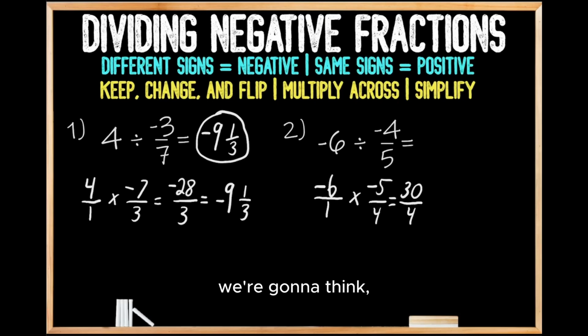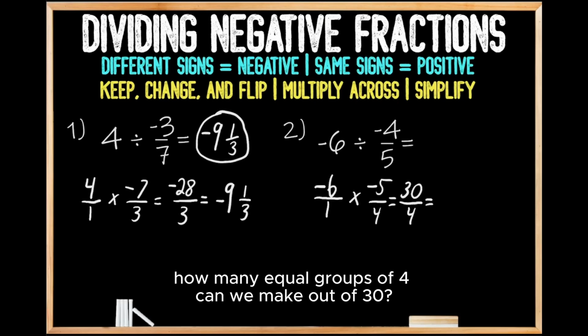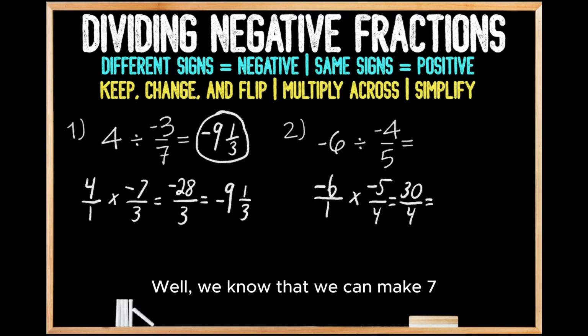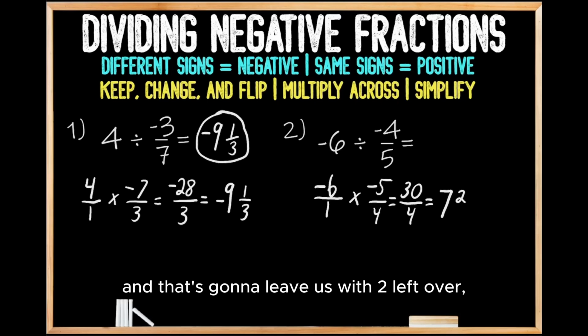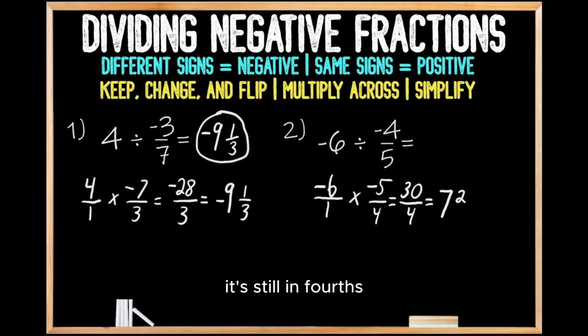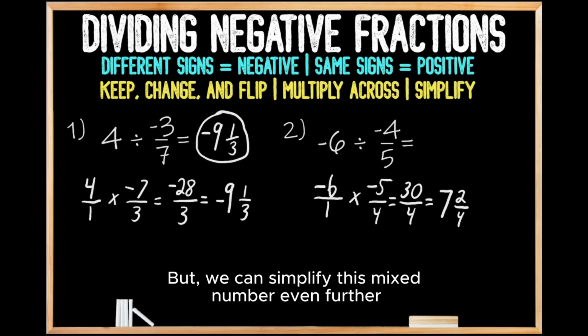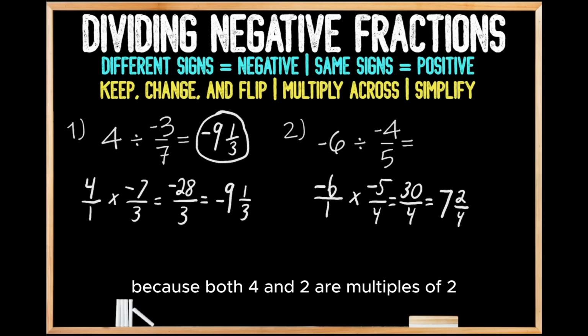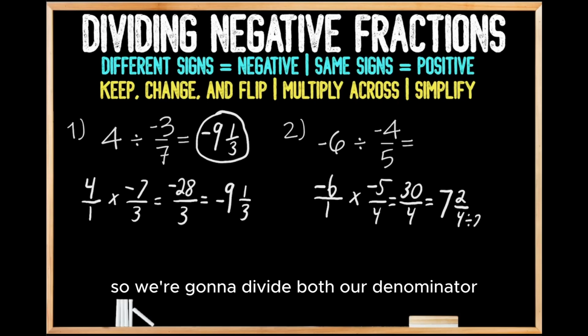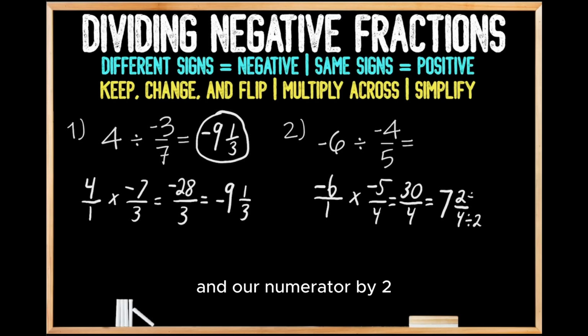And to do this, we're going to think, how many equal groups of 4 can we make out of 30? Well, we know that we can make 7 equal groups of 4 out of 30, and that's going to leave us with 2 left over. And our denominator hasn't changed, it's still in fourths, giving us 7 and 2/4. But we can simplify this mixed number even further, because both 4 and 2 are multiples of 2, so we're going to divide both our denominator and our numerator by 2.